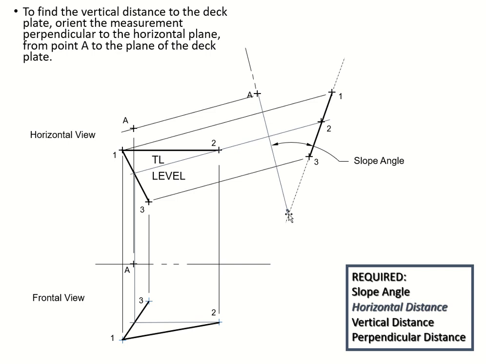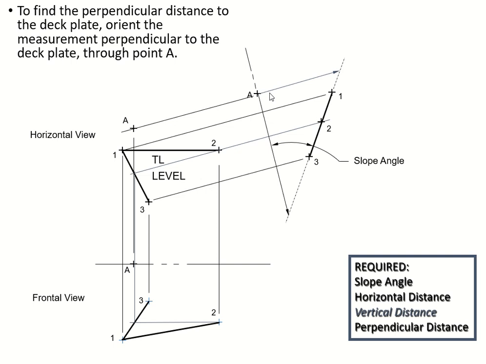Then in order for us to find the vertical distance, we're going to orient the measurement perpendicular to the horizontal plane, because vertical is usually perpendicular to the horizontal plane. So again, from point A to the plane of the deck plate.